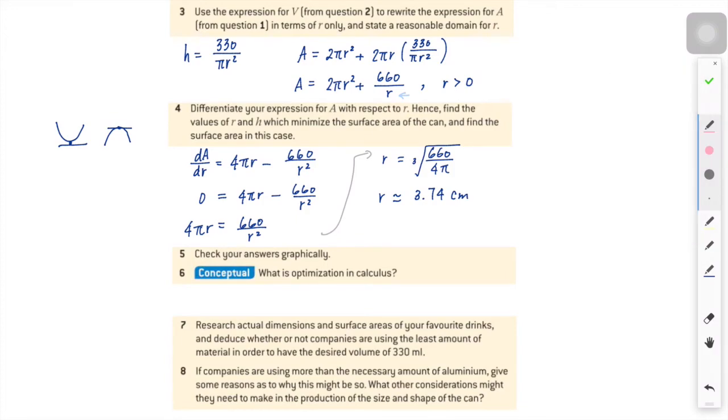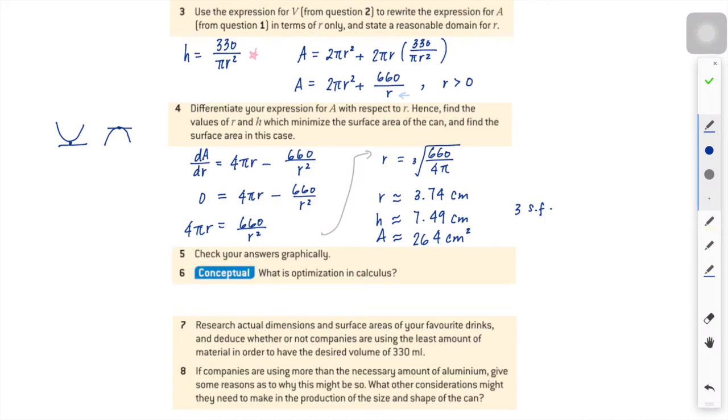If I substitute this back into the expression we found for h in terms of r, then we're going to get the height to be approximately 7.49 centimeters and a minimum surface area, which is approximately equal to 264 centimeters squared. Okay, and all of these answers are rounded to 3 significant figures.